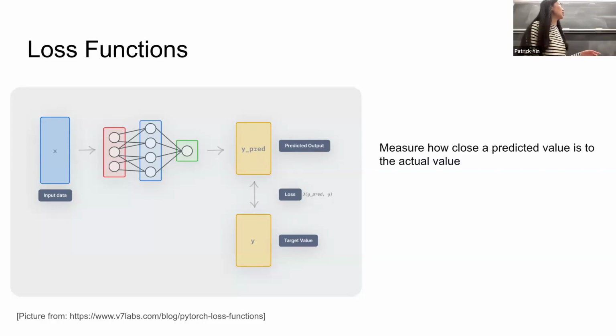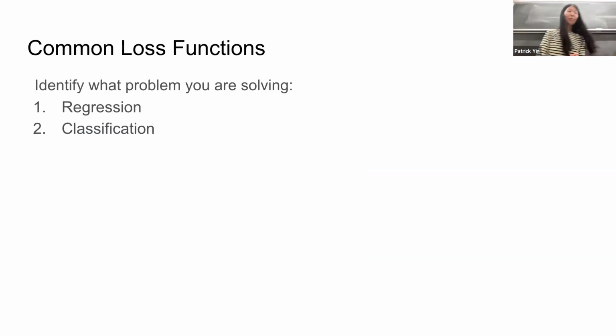Essentially, a loss function is trying to measure how close the prediction is compared to the true or target value. Before we choose any loss function, the first step is to identify what problem you're trying to solve.